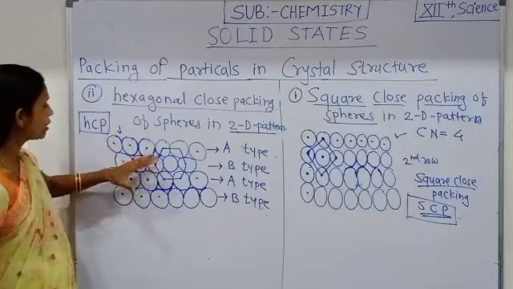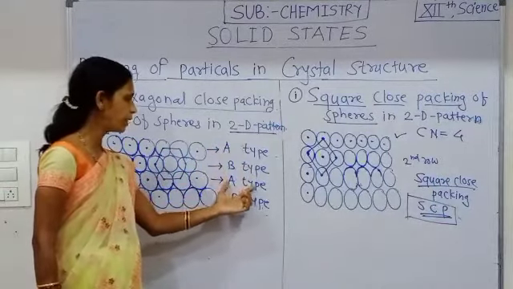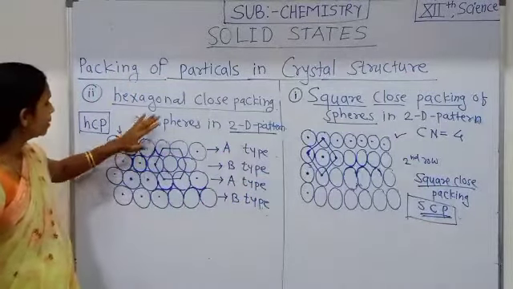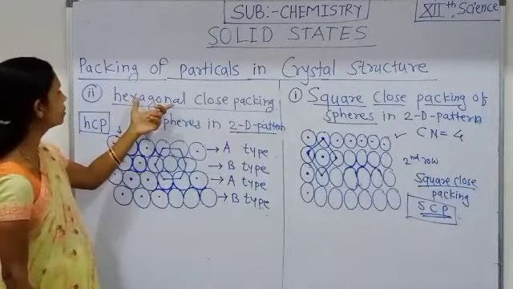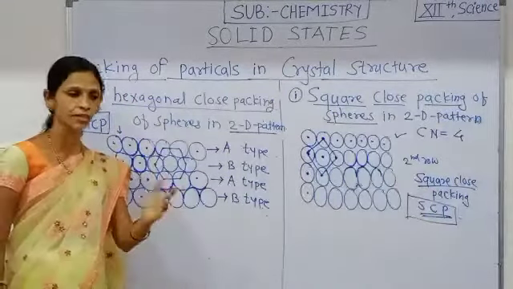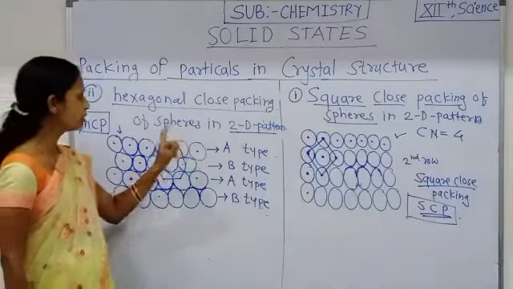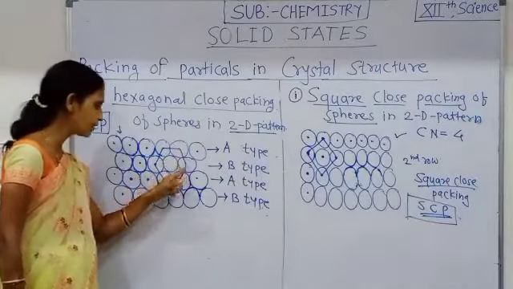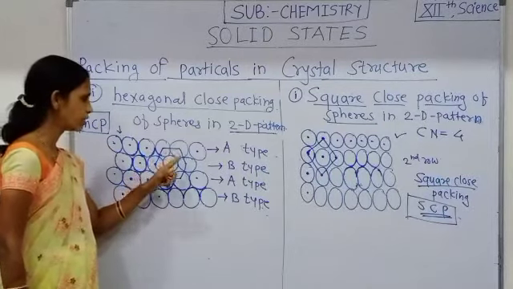Those are alternately called A type, B type, A type and B type, that is, an AB type pattern formation takes place, which results in the hexagonal close packing structure. Here the coordination number is 6, because one sphere is directly attached to 6 other spheres.